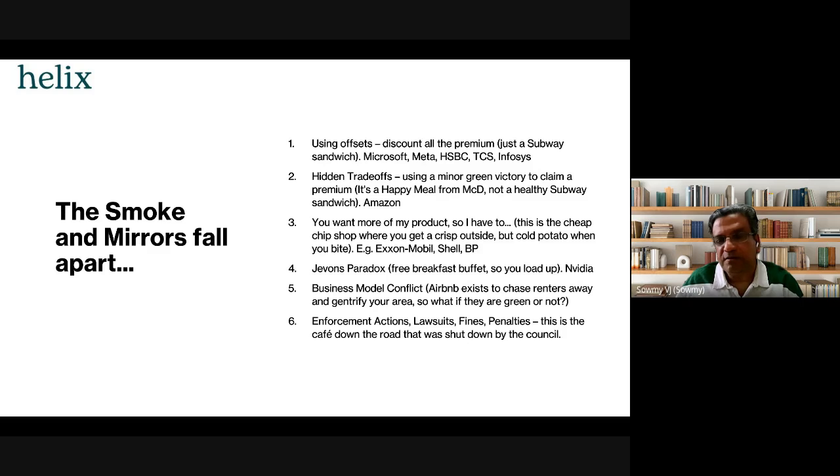So if you ask Gemini to go and find this, it will go and find out if the company is using offsets. So they are not doing any real work. What they're doing is they're just paying some money to somebody and then saying offset my carbon, etc. That does not mean any change in the business model at all.